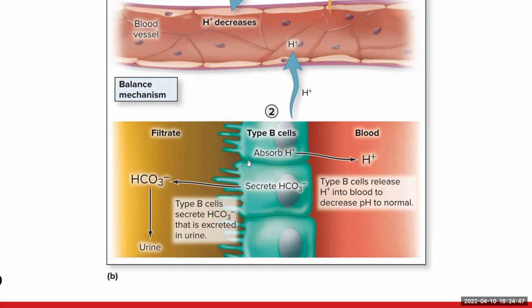And so what they will do is they will offload the bicarbonate into the filtrate. They'll secrete it into the filtrate, thereby excreting it into the urine. And while that's occurring, we're going to see an increase in the absorption of hydrogen ions into our blood, decreasing our pH back down to that normal pH range of 7.35 to 7.45.